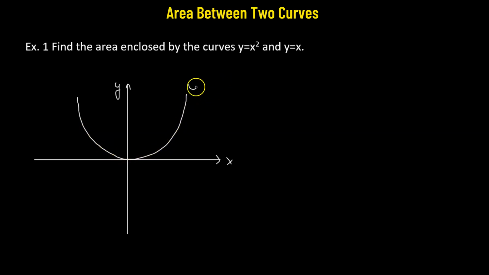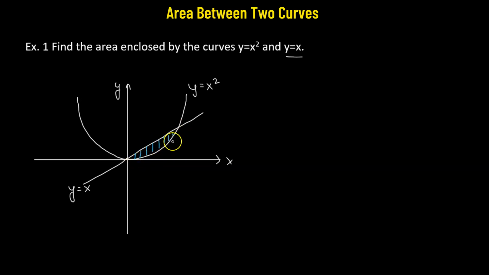So this will be our graph of y equals x squared. The other one, y equals x, is a straight line that passes through the origin with an angle of 45 degrees with the x-axis. So this is going to be the graph of y equals x. Our task will be to determine the area as given by this shaded region.